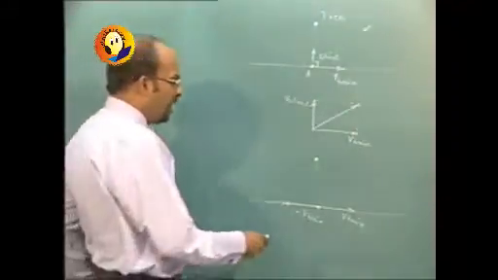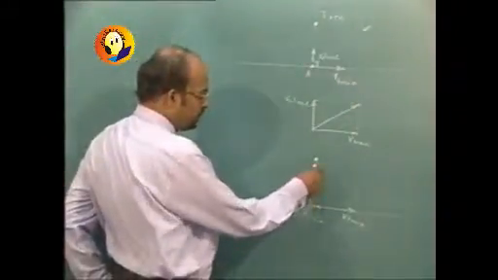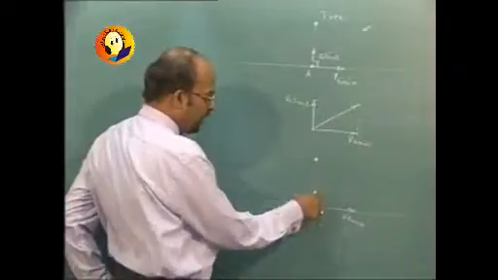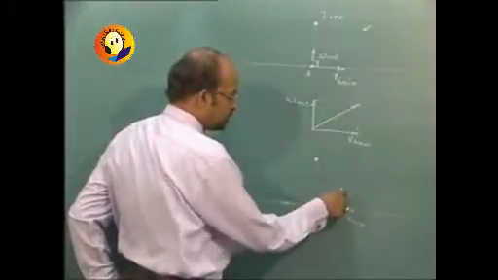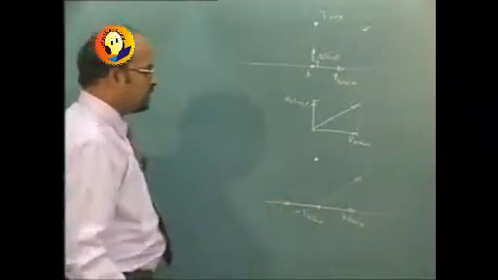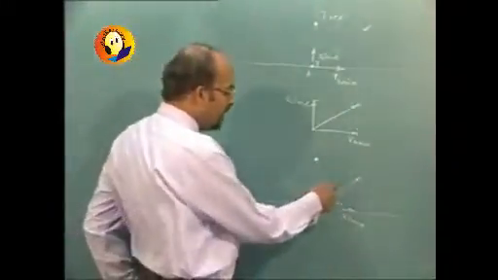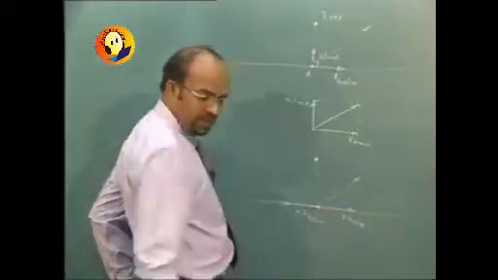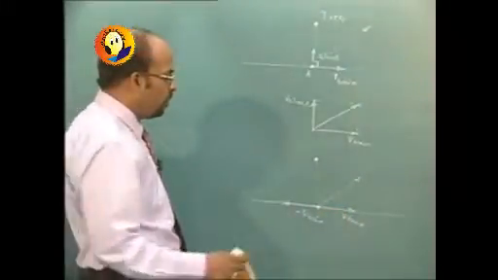And now if I decide to throw it in some direction like this, this is how the considerations will now apply. But then you will find that to this, the velocity of the train will get added. We don't want that to happen.